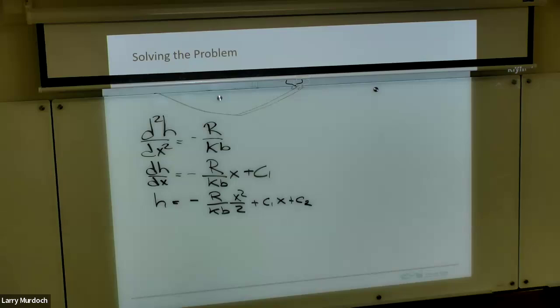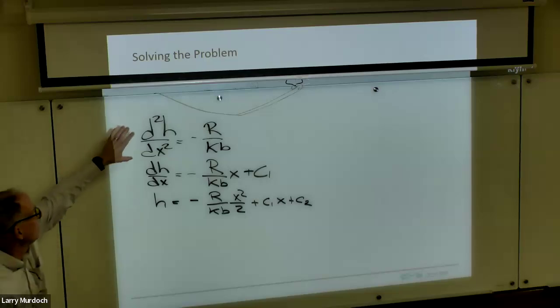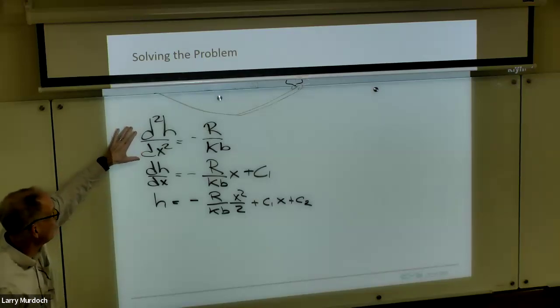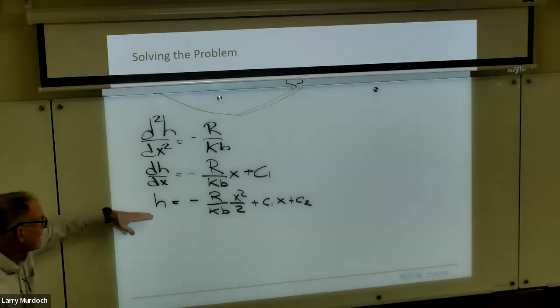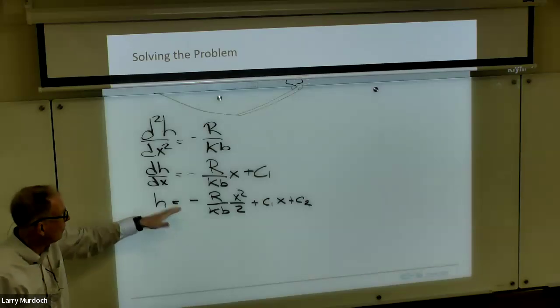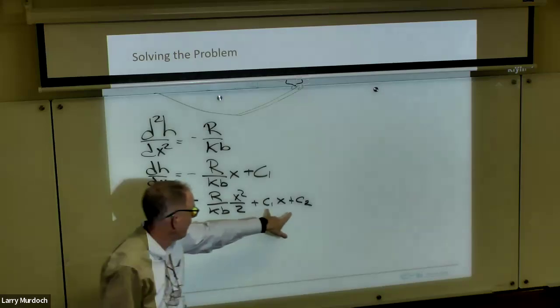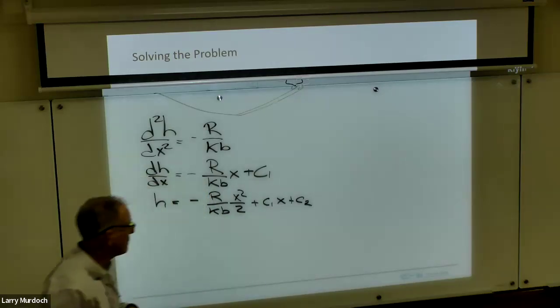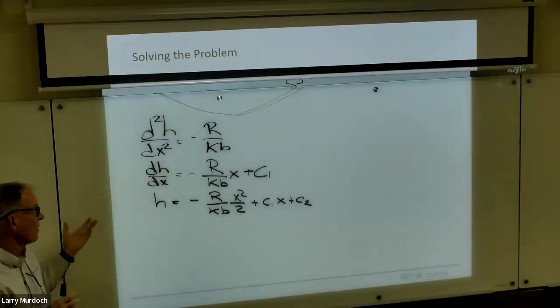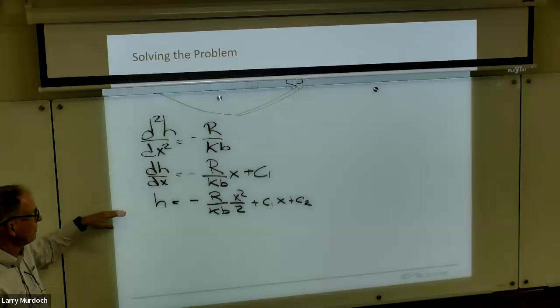Okay, so if you look back through your notes, we did this last time, we came up with the same result. Well, it was the same governing equation. And so we get this same result. We're going to solve the constants using different boundary conditions, and that'll cause the ultimate result to be different.